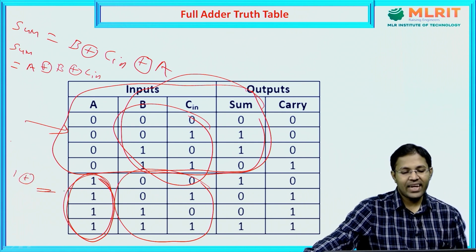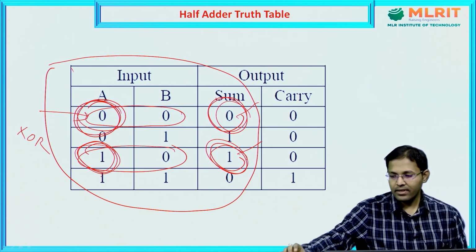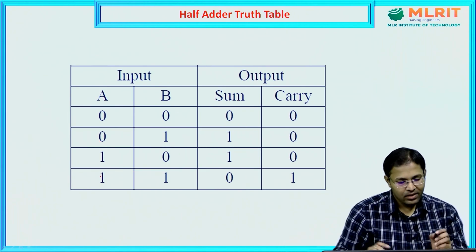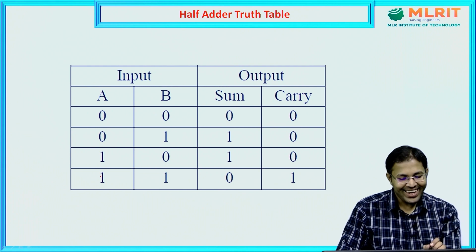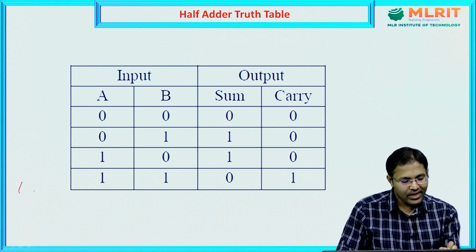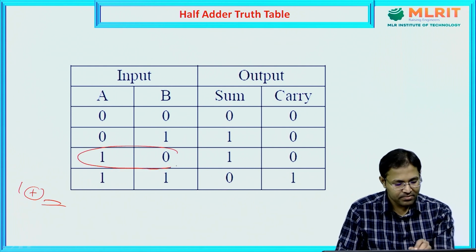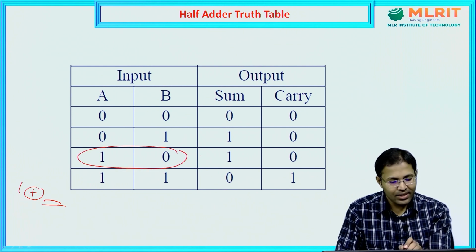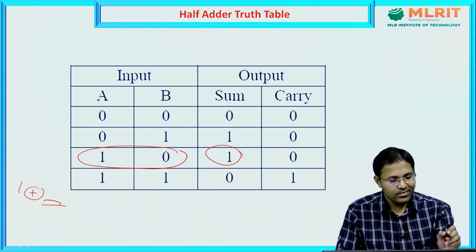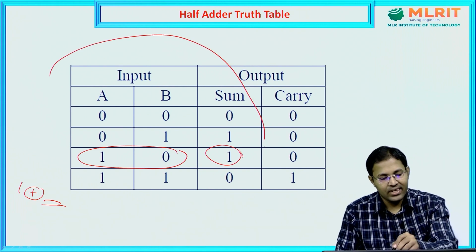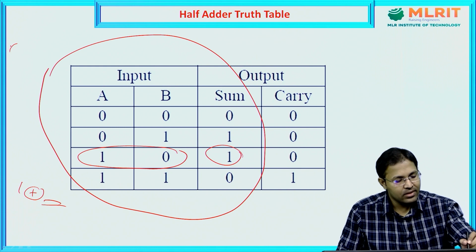So, for that let us go back to the previous slide. So, here what about 1 XOR with some value? For example, in this case 1 XOR 0 is giving 1, we have discussed that this is nothing but XOR, correct.